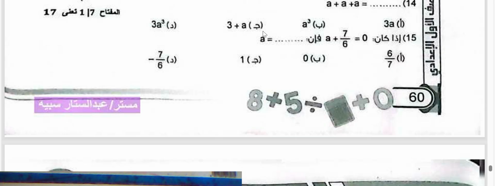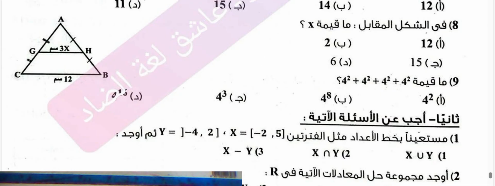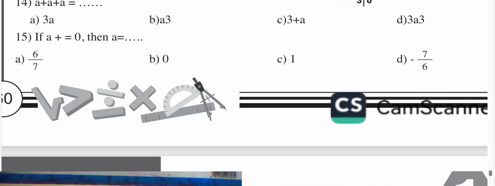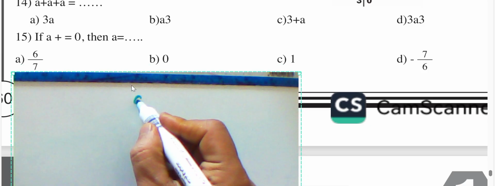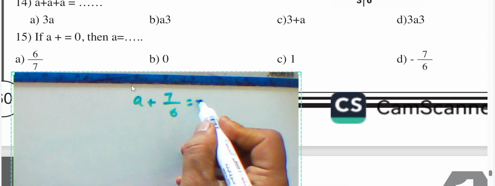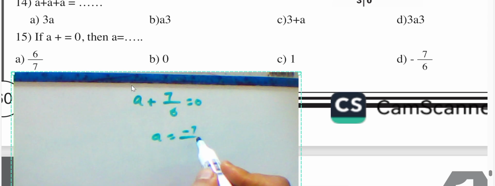The question here is A plus 7 over 6 equals 0, then the value of A is the additive inverse of 7 over 6, which is negative 7 over 6. The number 7 over 6 is not clear in the printing, my students. So A plus 7 over 6 equals 0, then the value of A equals negative 7 over 6.